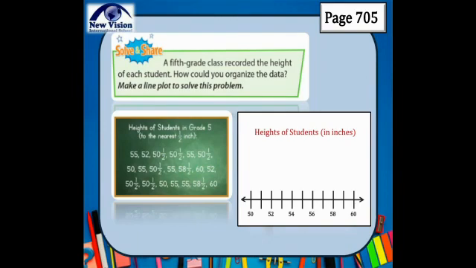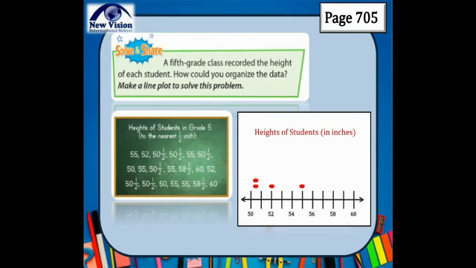Let's start with 55. So 55 can be found between 54 and 56. Next, we have 52. Next, 50 and a half. So 50 and a half is between 50 and 51.